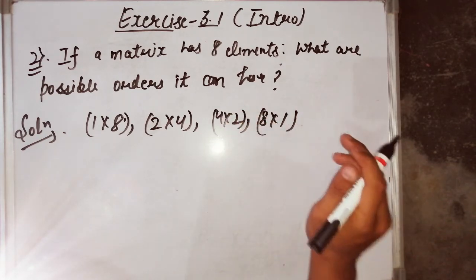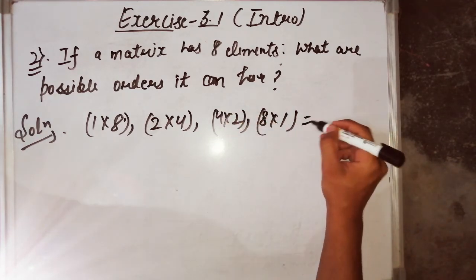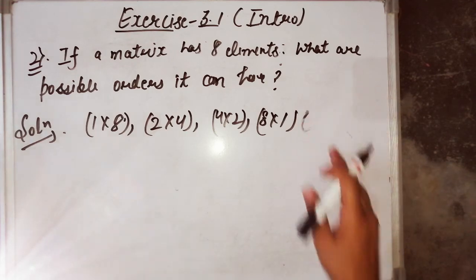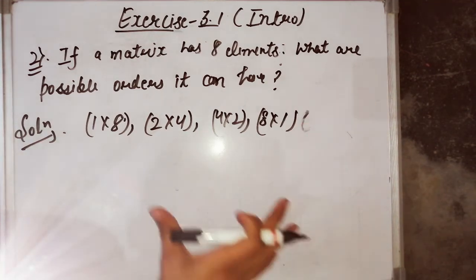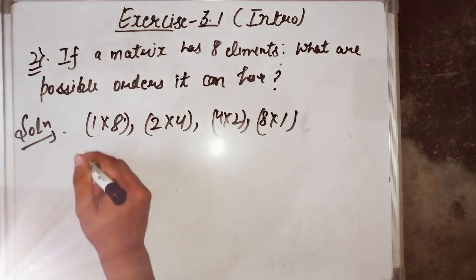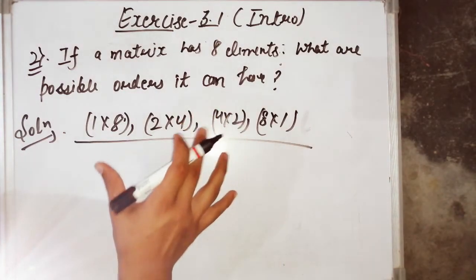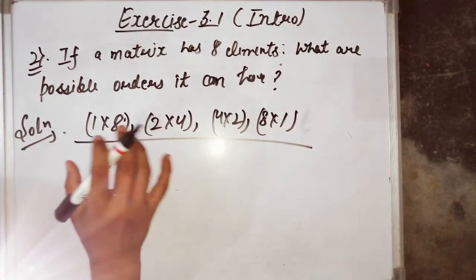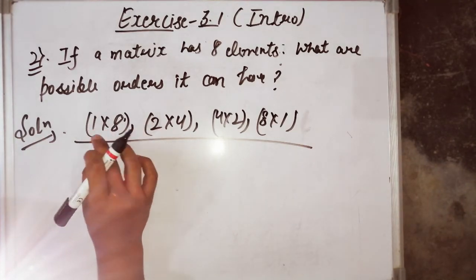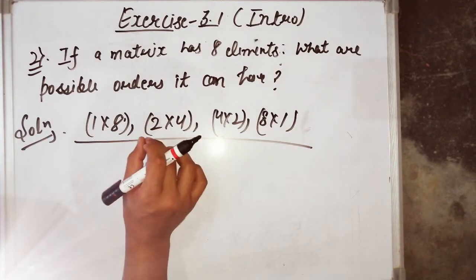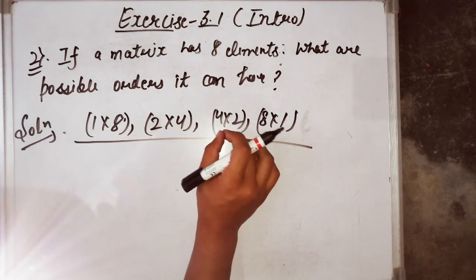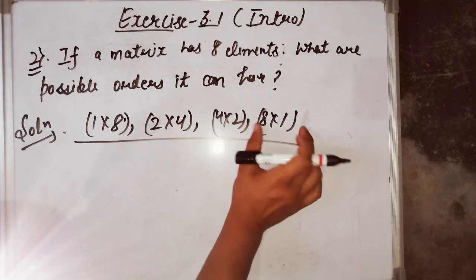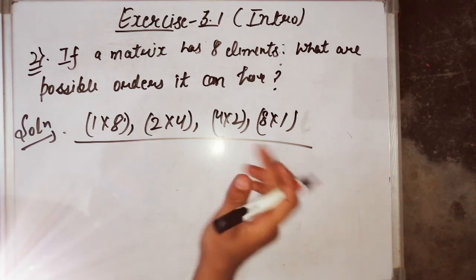These are the possible orders a matrix with 8 elements can have. This means the matrix which has 8 elements will be represented in the form of 1 row and 8 columns, 2 rows 4 columns, 4 rows 2 columns, and 8 rows 1 column. Let me make a diagram for this.